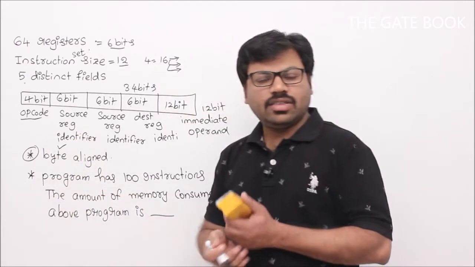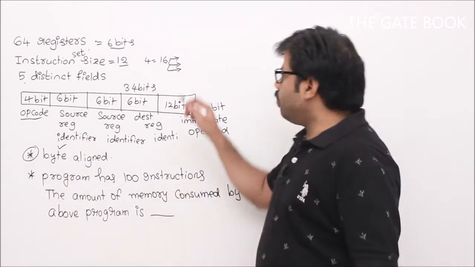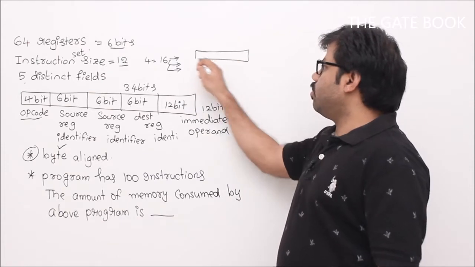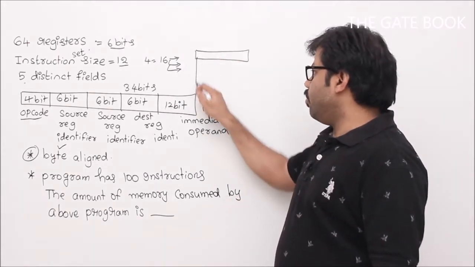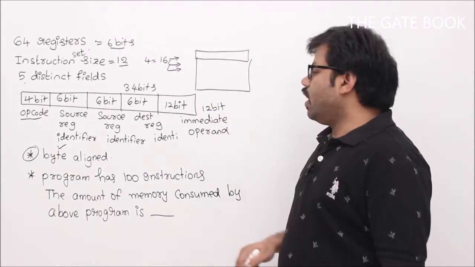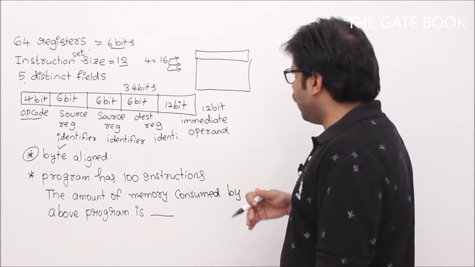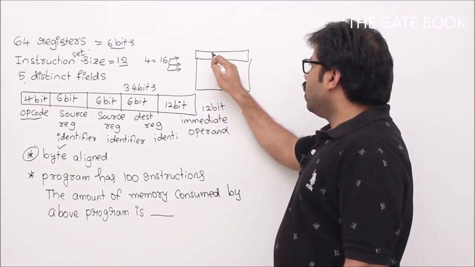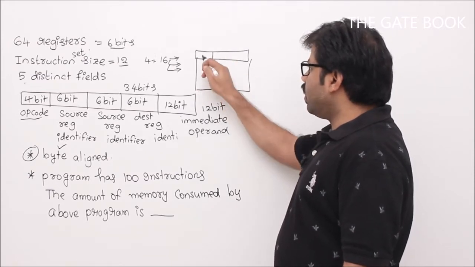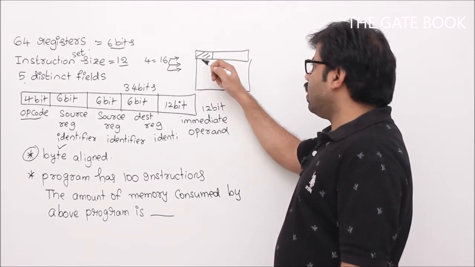Byte aligned means, I will tell you with an example. Let's say you have memory like this, main memory. Whenever the memory is byte aligned, that means you are using byte alignment, then your data is such that only some part of the byte is filled.